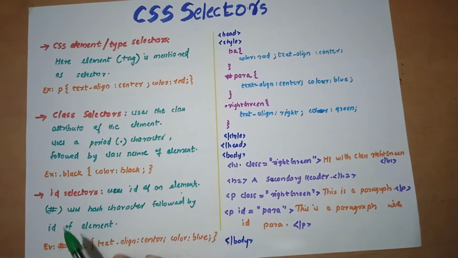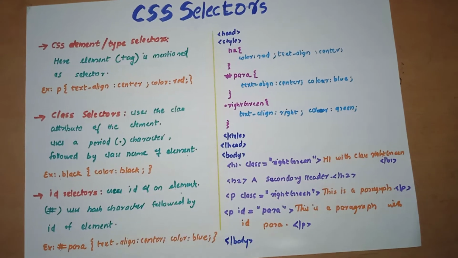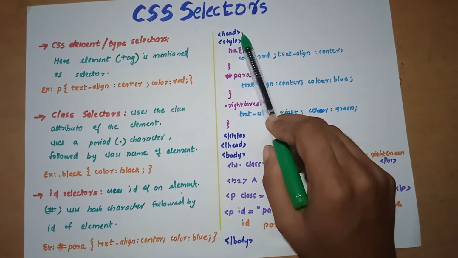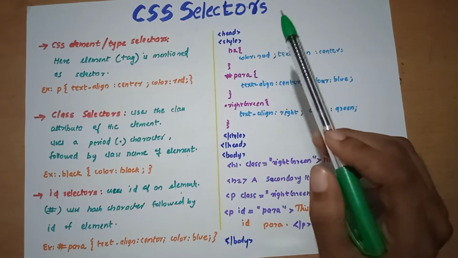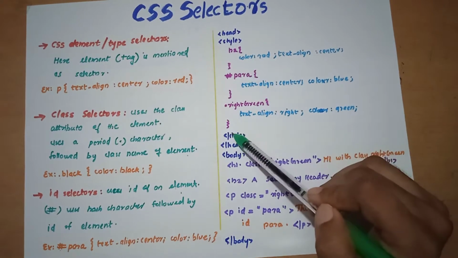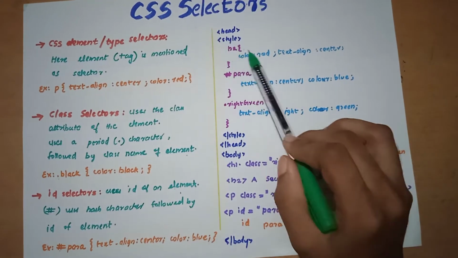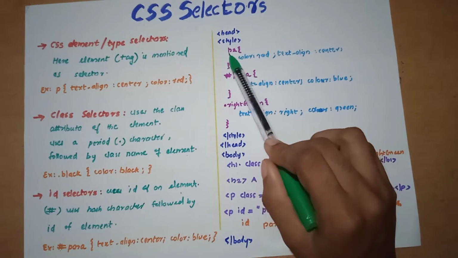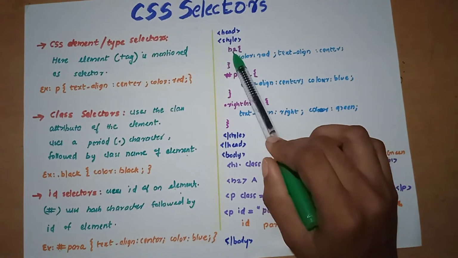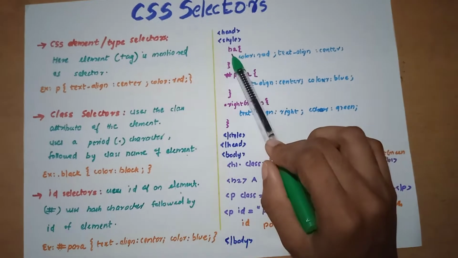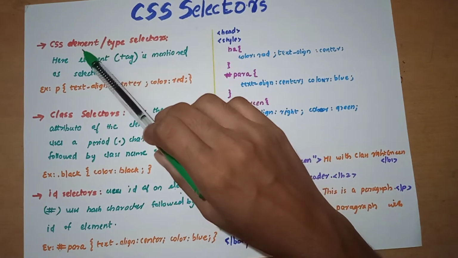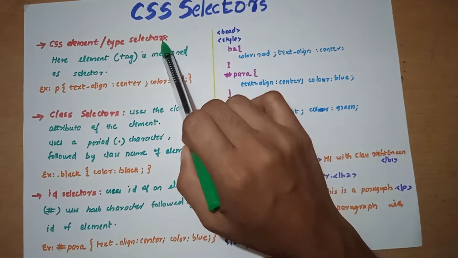Let's see how these basic selectors are implemented in our HTML code. We start with our head tag, because this is CSS, and it's mandatory to mention each of the styling rules inside the style tag itself. The first one is h2, which is simply an HTML element, so this is an example of an element or type selector.